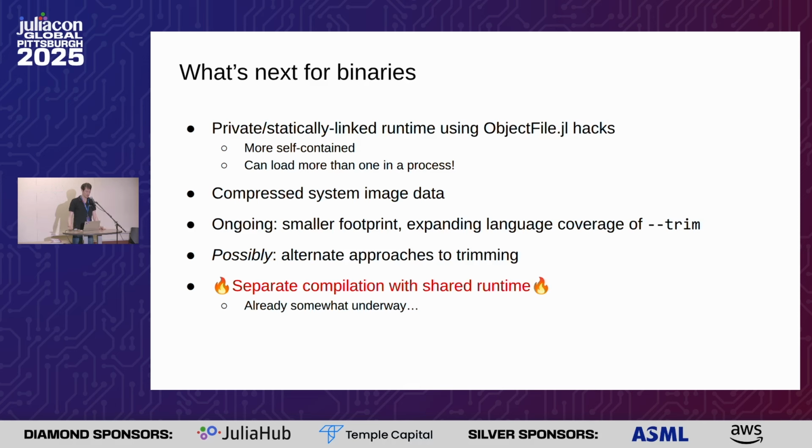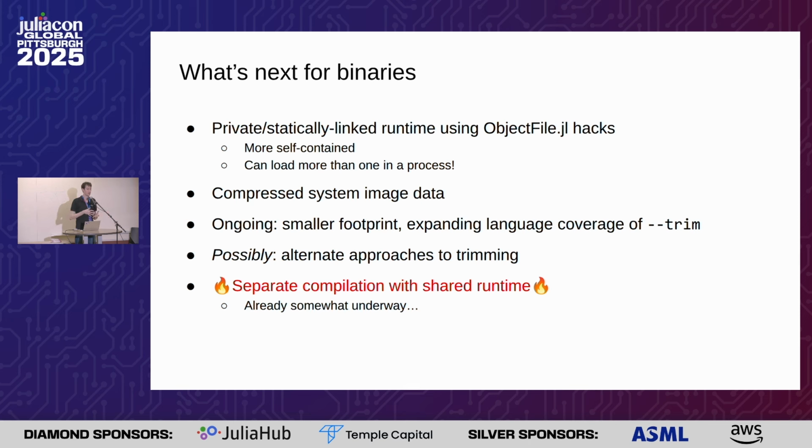Another thing we're planning to do is use compression on the system image data, which should be an easy win. In fact, it's mostly implemented already. And of course, there's ongoing work on shrinking the footprint and making more things in the language work. I think it's possible there could be different ways to do trimming. This is just complete speculation, but I think there will probably be a lot of programs where the call graph control flow based version is just never going to work because it's too dynamic.